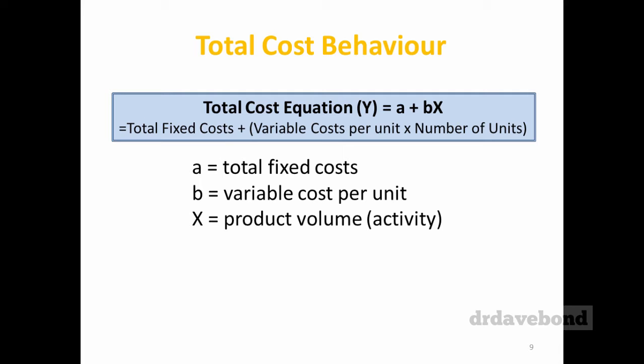This bit here is your A. So if we included this as a separate thing, this would be A plus B times X.